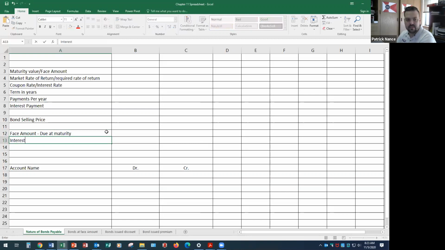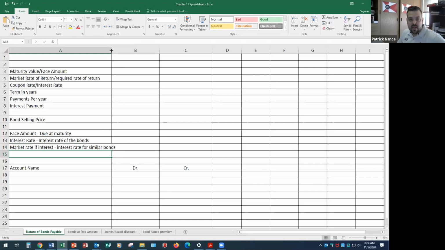The interest rate, exactly what it sounds like, is the interest rate on the bonds, also called the coupon rate. And then the market rate of interest is the interest rate for similar bonds on the market. We're usually talking about similar risk bonds, similar types of bonds.